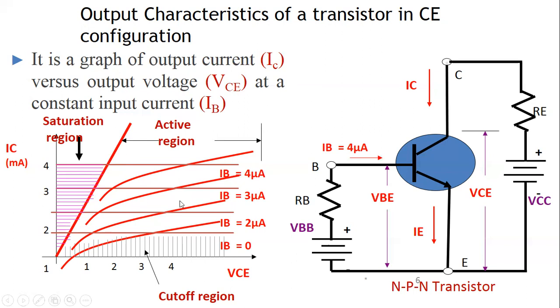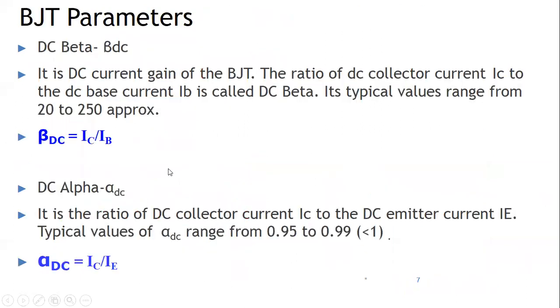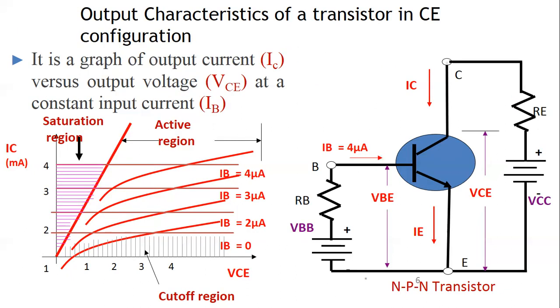So this is what the output characteristics look like. And when it comes to the calculation of gain, of course we have to calculate gain because it is an amplifier and there is going to be some amplification of current. For a smaller value of IB current we get a large variation in IC. So there is an increase in collector current, that is, the output current is the collector current, compared to the base current.